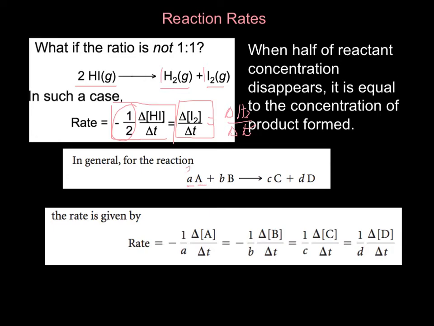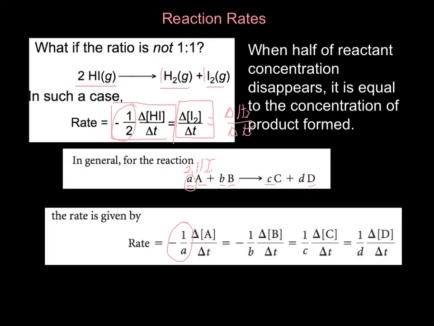So in this case, it would be 2 for the lowercase a and HI for the uppercase A. And the same with b and B, c and C, d and D. We take our coefficient a and we flip it, make the reciprocal of a, and that is what goes in front of our average rate equation there.